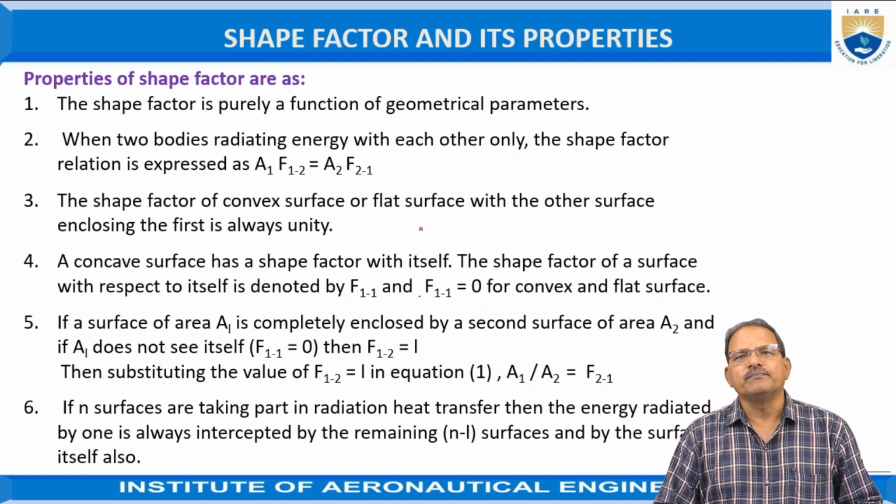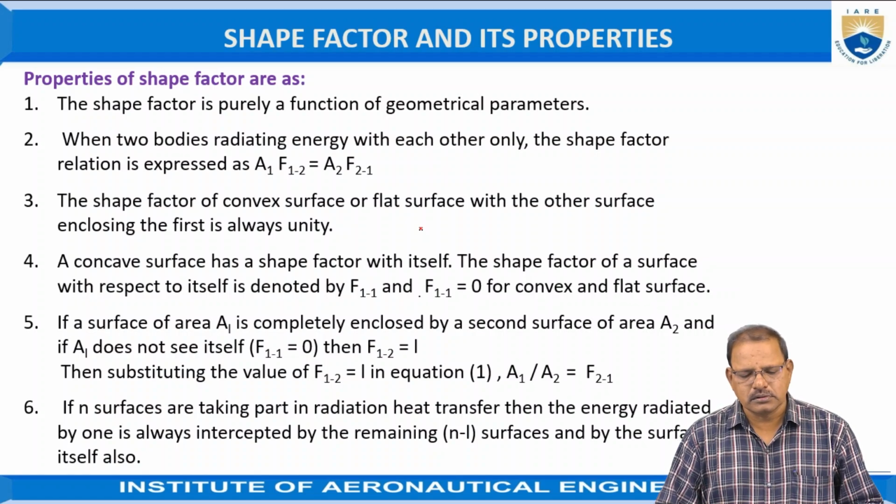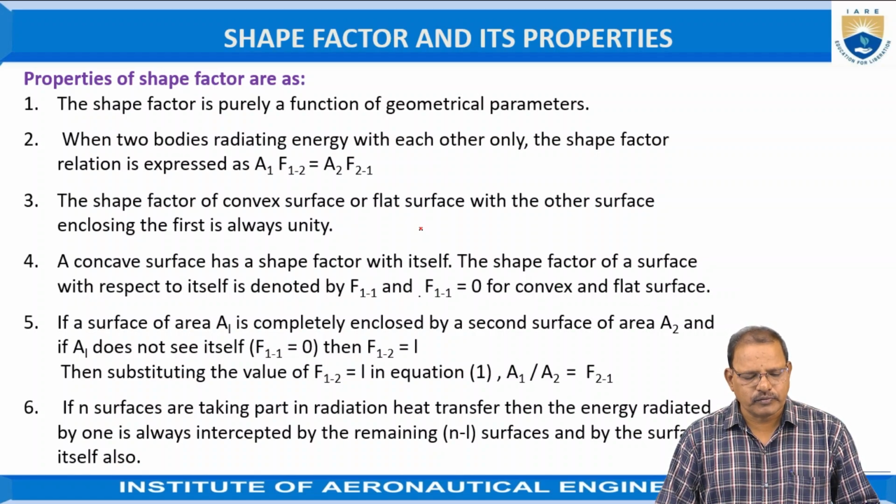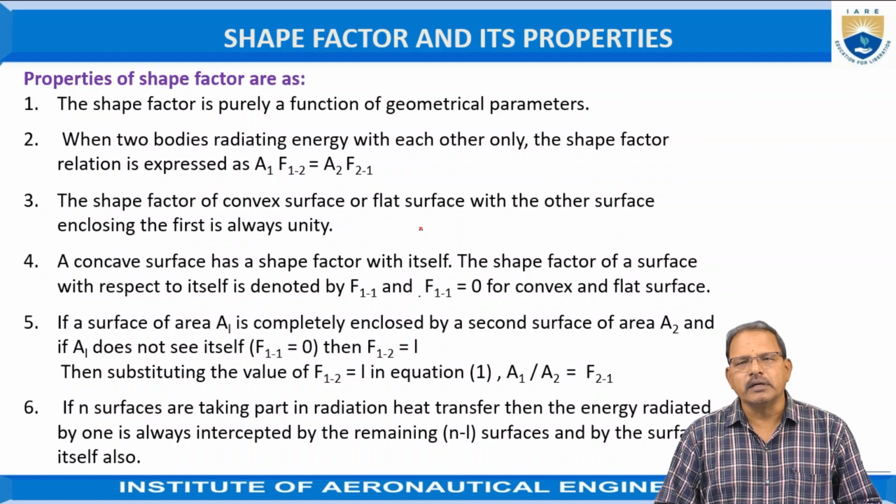The properties of shape factors. The shape factor is purely a function of geometric parameters. When two bodies are radiating energy to each other only, the shape factor is expressed by using the relation A1 F12 equal to A2 F21.